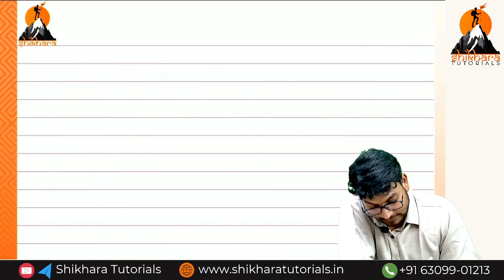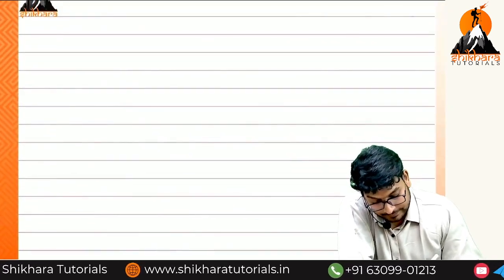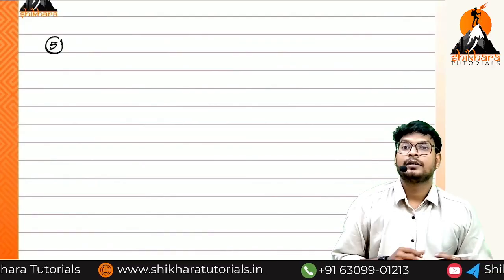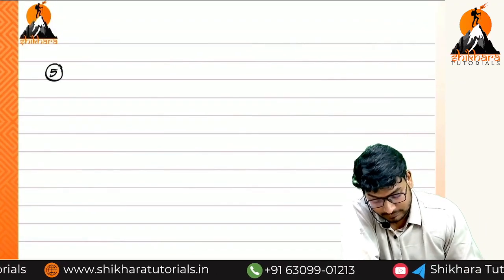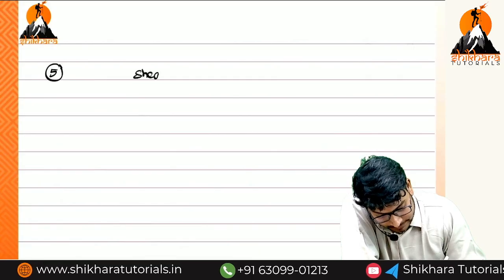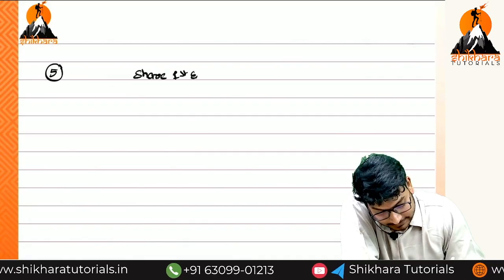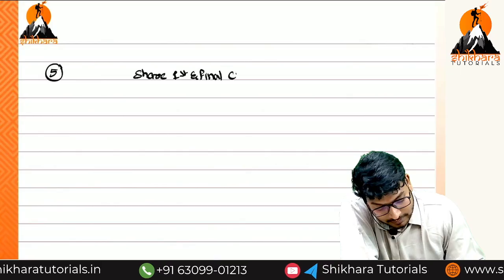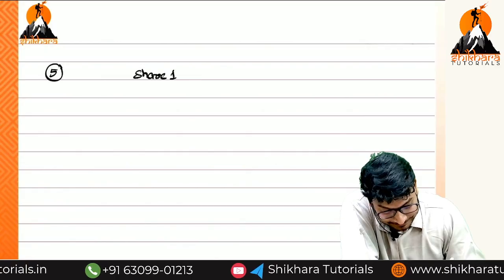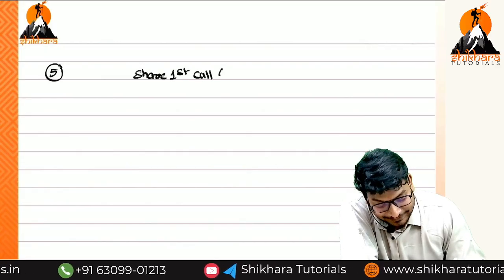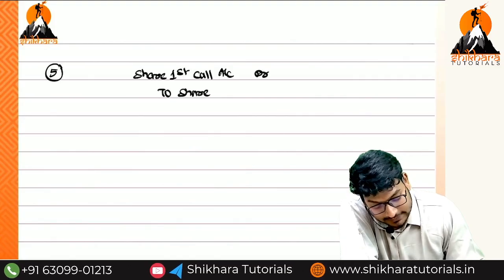Again come back to the previous pen. What is the entry? Due or received? Due. First call due. What is the first call due entry? Share first call account debited to share capital account.